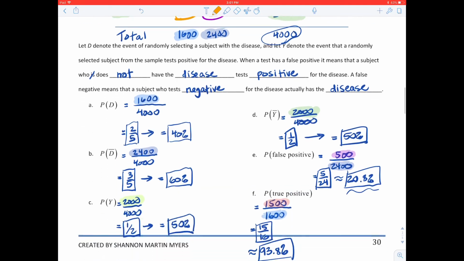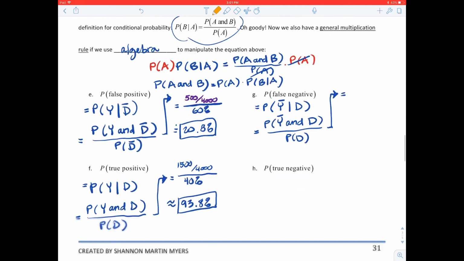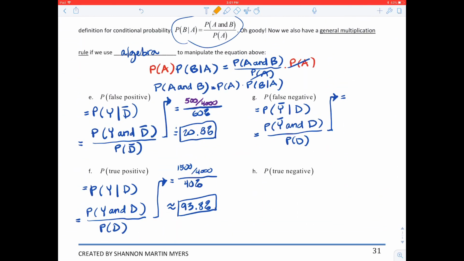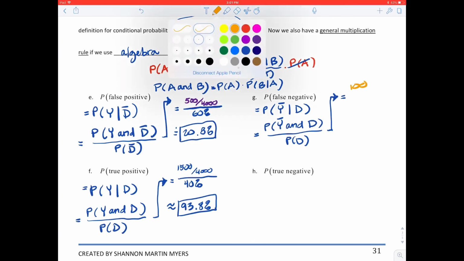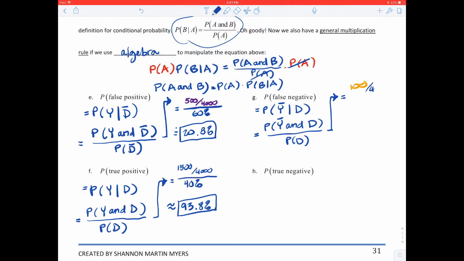So we have 100 out of 4,000 divided by the probability of having the disease, 40%.